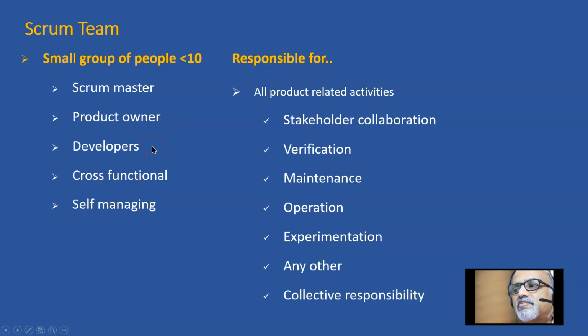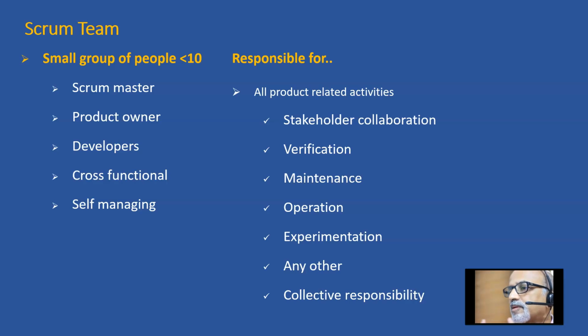And developers build the product, and the team can be cross-functional. When we say cross-functional, in the conventional team we have developers, we have testers, we have architects, whereas in a Scrum team it is just one team which has multiple skill sets.